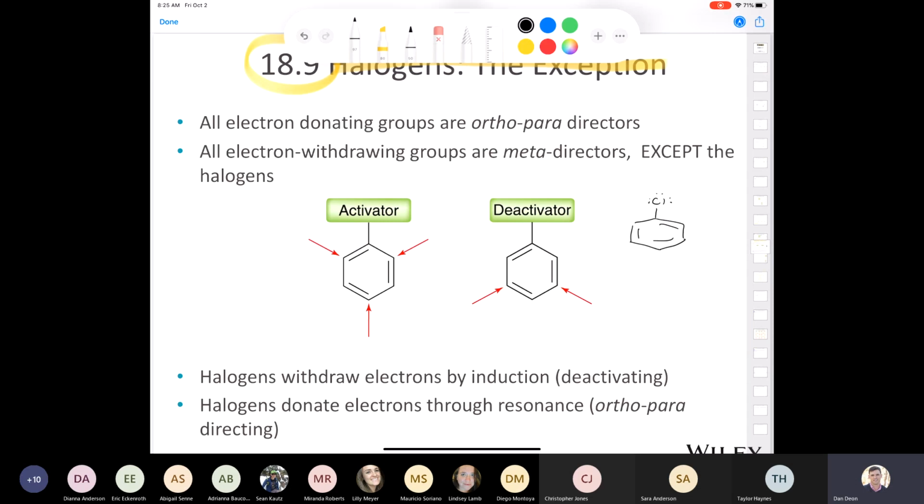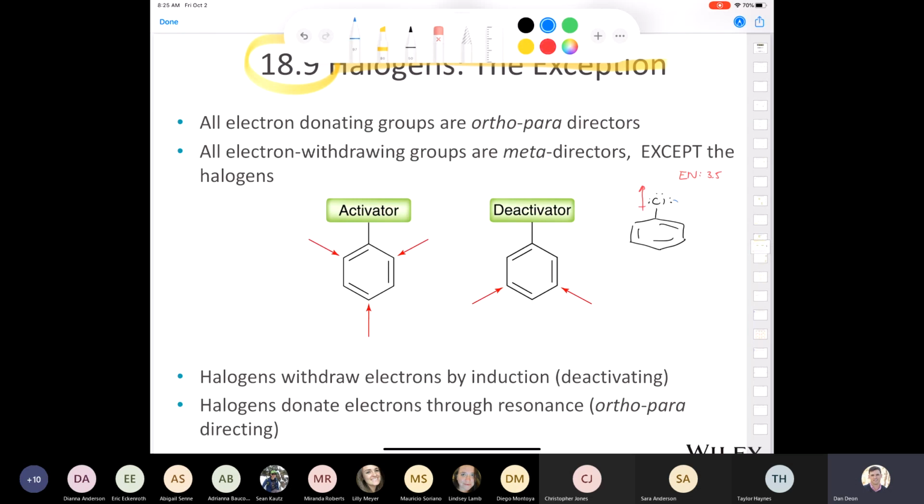you might be wondering, well, would chlorine be activating or deactivating? Well, you can see the answers on the slide. But why is it? Because chlorine, if it's got an electronegativity of 3.5, thereabouts, that means it's electron withdrawing, okay? But hold the telephone, right?